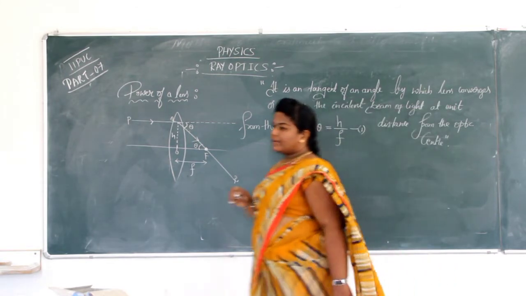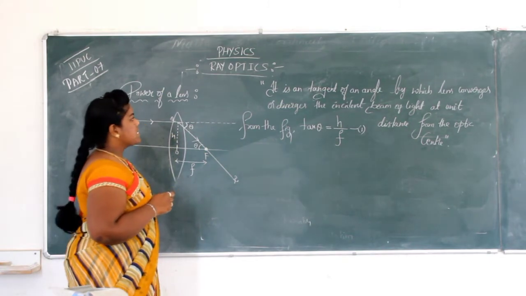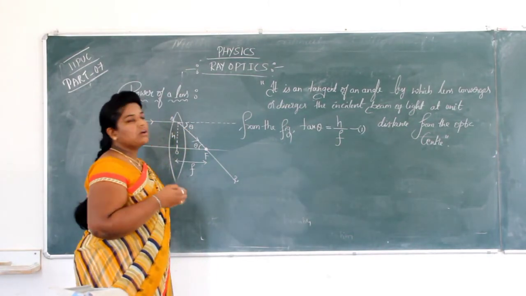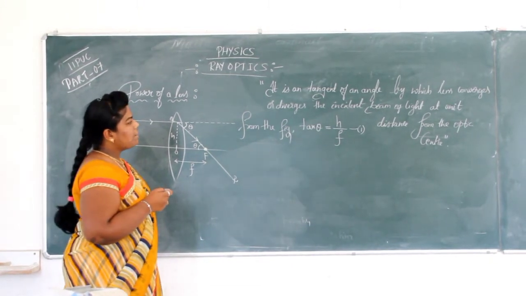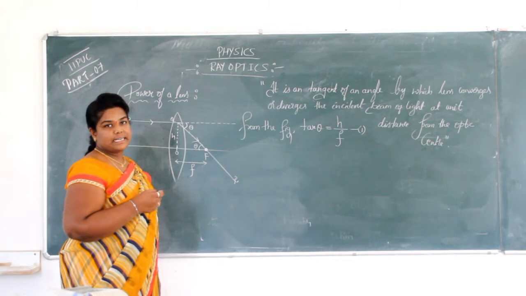Yes, you can observe it carefully. I am going to read it out again. It is the tangent of an angle by which a lens converges or diverges the incident beam of light at a unit distance from the optic center.